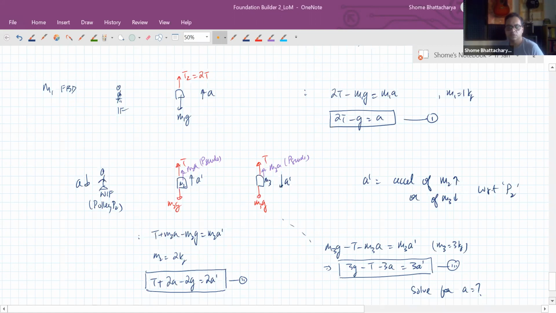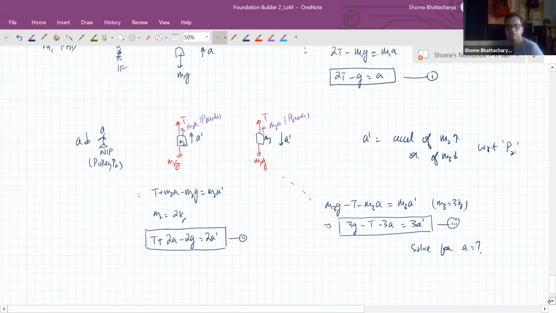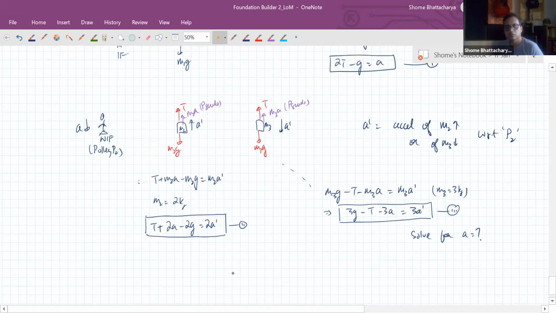Okay, so what you can do is now between these equations, you can eliminate A prime. Between equation 2 and 3, you can see A prime according to equation 2 is T plus 2A minus 2G divided by 2, and from equation 3, it is 3G minus T minus 3A divided by 3.